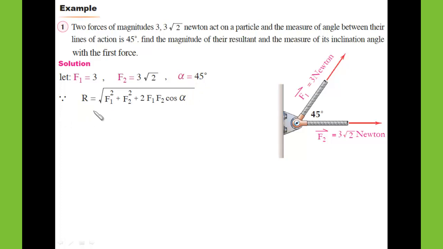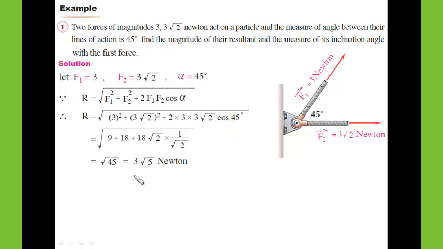Since R equals the square root of F1 square plus F2 square plus 2 F1 F2 cosine alpha, we substitute: R equals the square root of 3 square plus 3 root 2 square plus 2 multiply 3 multiply 3 root 2 cosine 45.